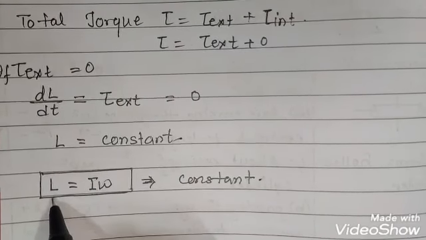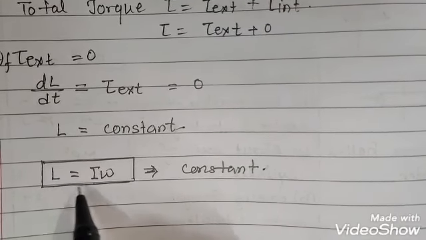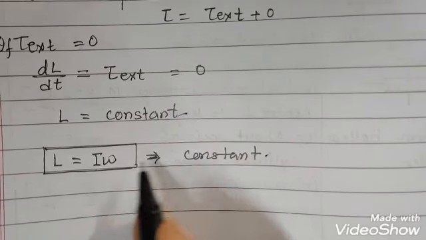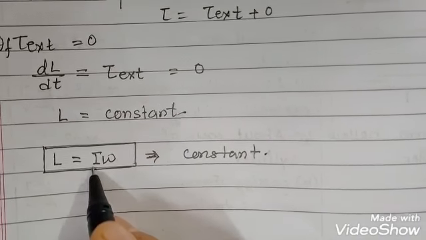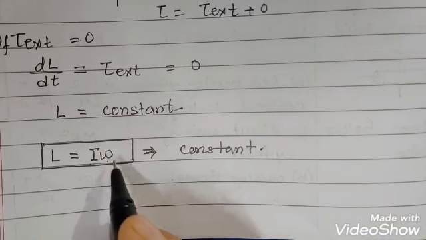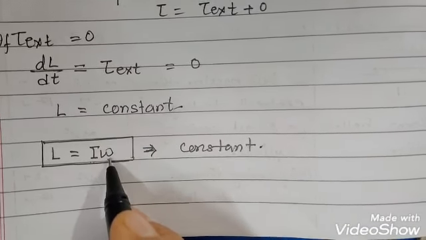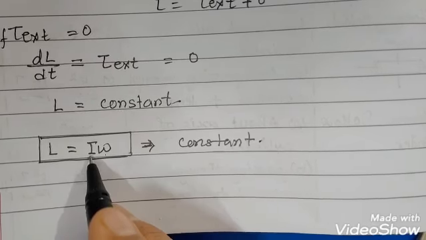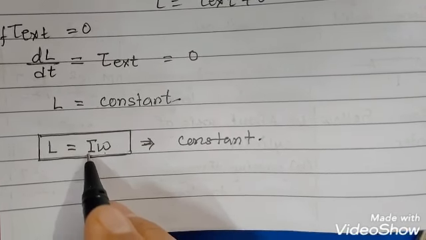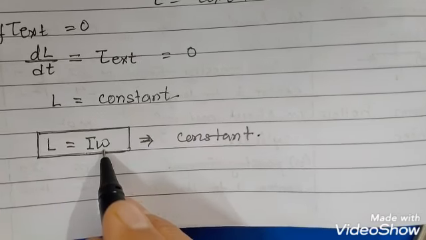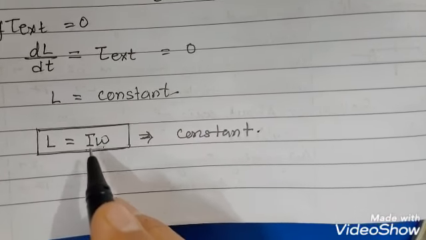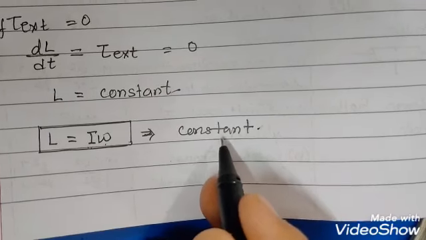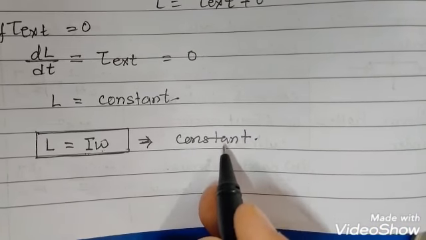Now if I omega is constant and you increase the moment of inertia, automatically the angular velocity will decrease, and if you increase the angular velocity, then automatically the moment of inertia will decrease. So if one is increasing, the other will decrease, and anyhow the product of these two will give us a constant quantity if no external torque is working on the system.